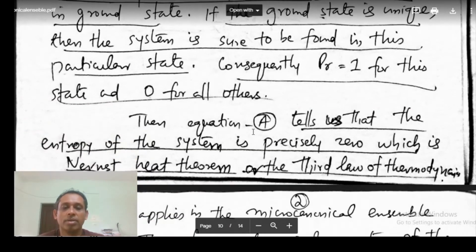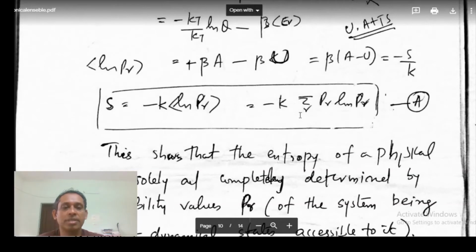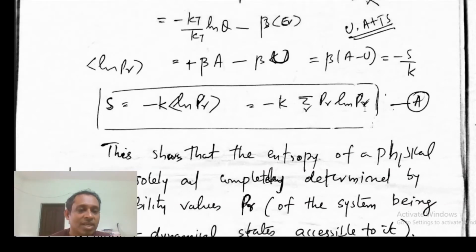Okay, so at temperature 0 Kelvin, in this equation, for one state the probability is 1. So when we take log P1, we know that is equal to 0. And for all other states the probability is 0, and because of this PR here, the term will be 0.